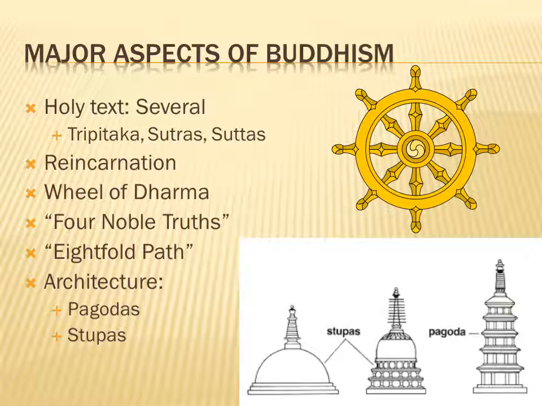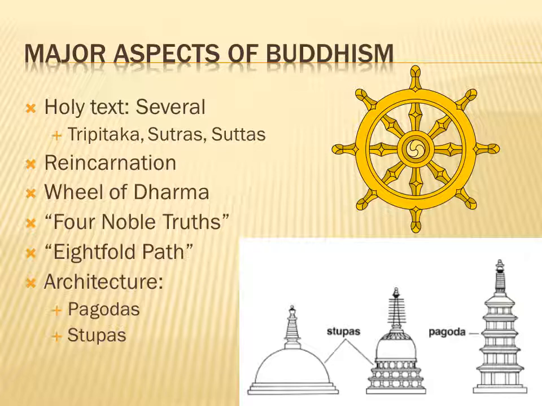One of the things that we will do as we go through this unit is look at some major symbols that correspond with these religions. That way, if you were to see that symbol in the cultural landscape, you would know, oh okay, this is going to be associated with Buddhism or Christianity or Islam.